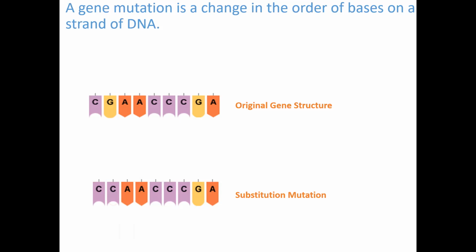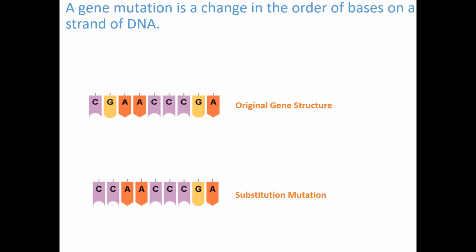A mutation is any type of change in the order of the bases on a DNA strand. Here we have a gene sequence: cytosine, guanine, adenine, adenine, cytosine, cytosine, cytosine, guanine, adenine. That's the original sequence on the DNA. That's the information on that particular gene.